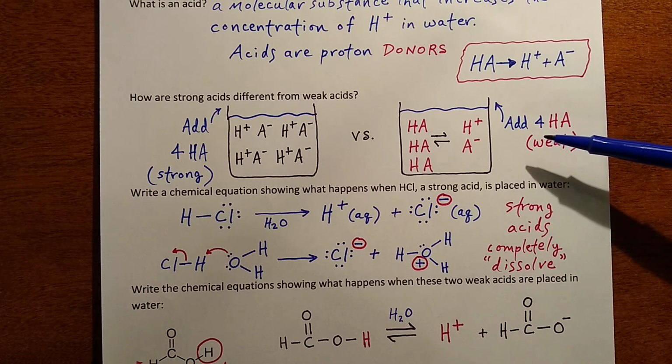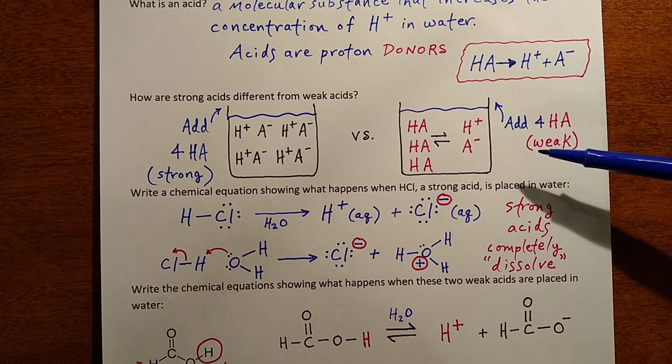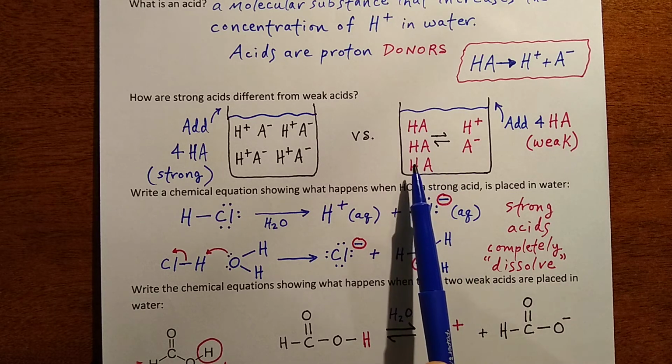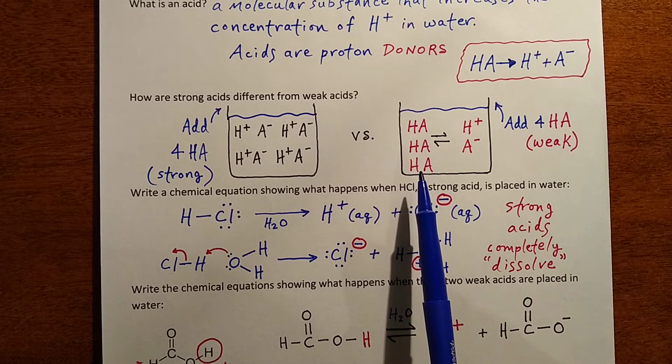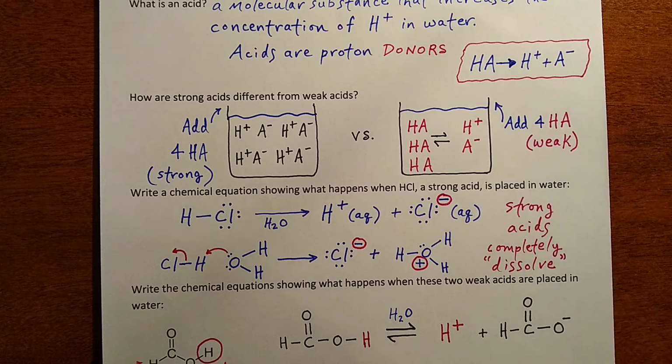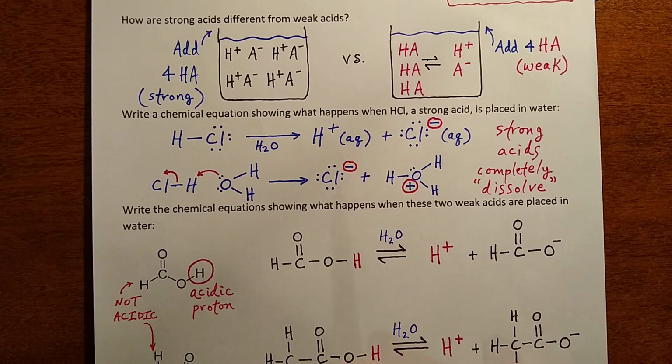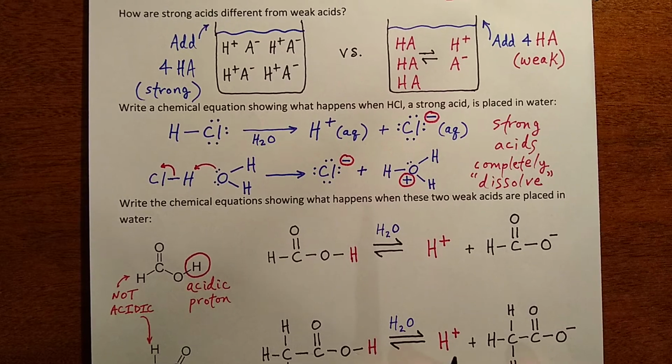A weak acid, on the other hand, we need to represent with an equilibrium because most of the molecule does not break apart. Only a few percent of the HA molecules ionize. So we represent those two different situations in slightly different ways.